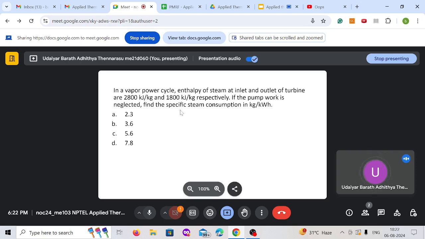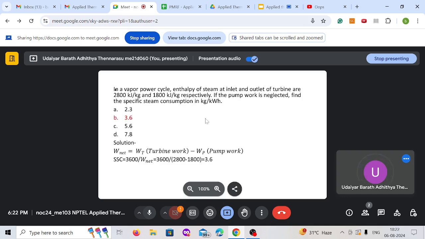So in a vapor power cycle, the enthalpy of steam at inlet and outlet of turbine is given, which is 2800 kJ per kg and 1800 kJ per kg. And if you neglect pump work, find the specific steam consumption in kg per kilowatt hour. So see how to solve this.